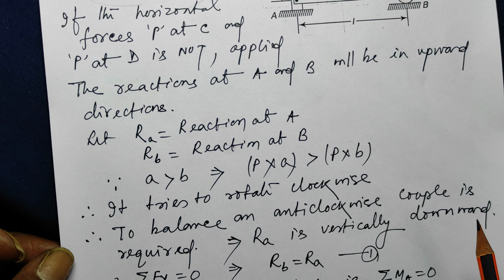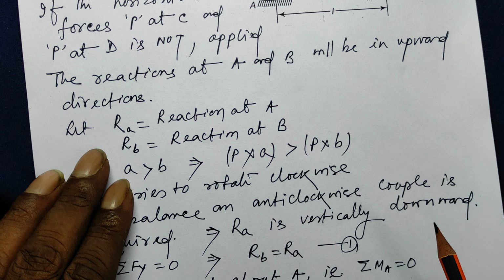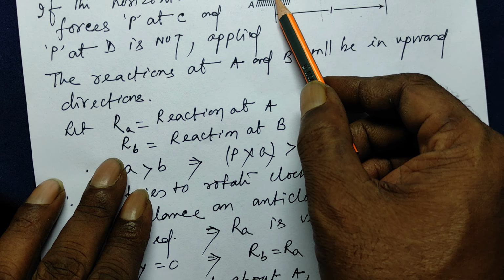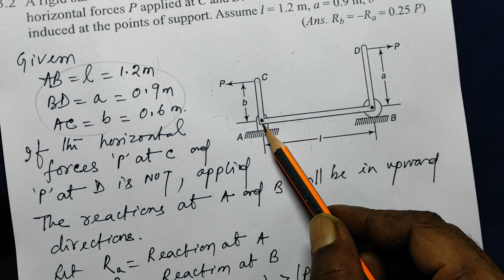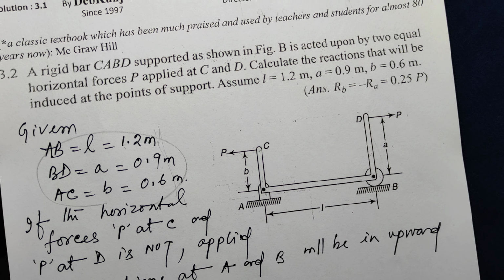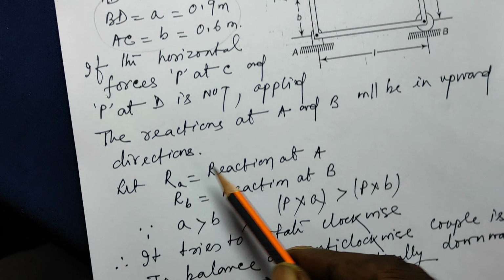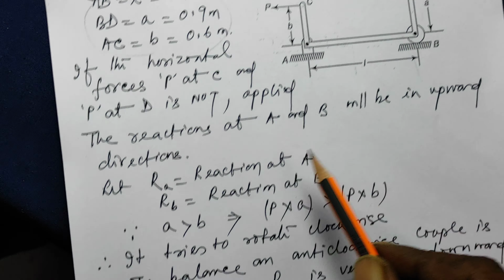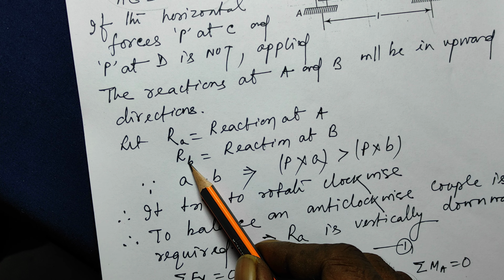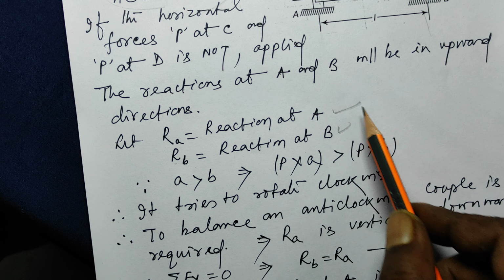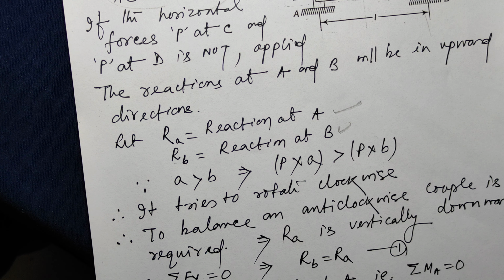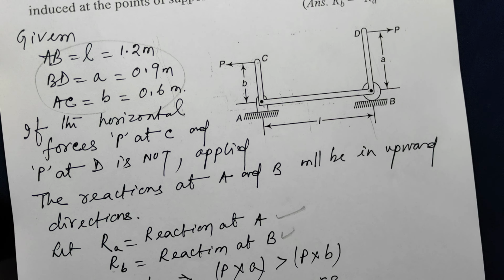Now let the reaction at point A be represented as RA, and the reaction at point B as RB, right? Now let us see whether they are in the same direction or opposite to each other. Let us first analyze that.